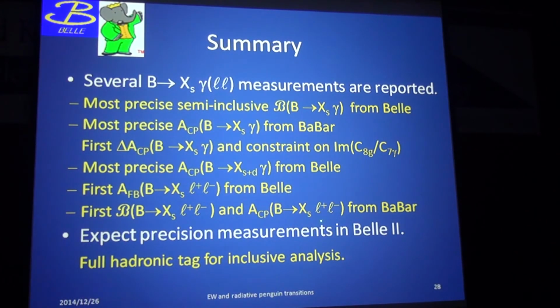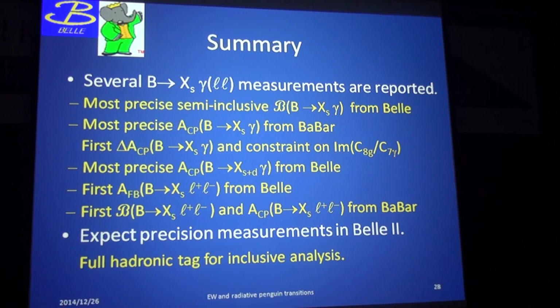So we expect that this precision measurement can be performed at Belle II, and in the future we can fully reconstruct the accompanying B to take advantage of a much larger data sample for this inclusive analysis. Okay, thank you.